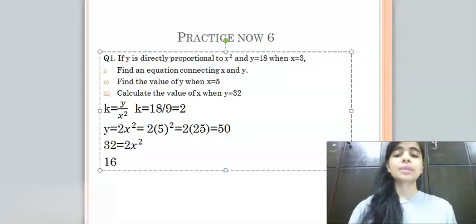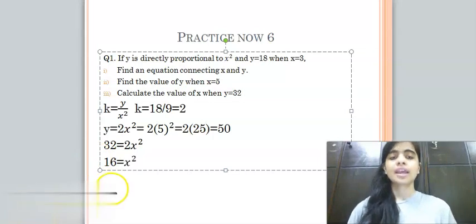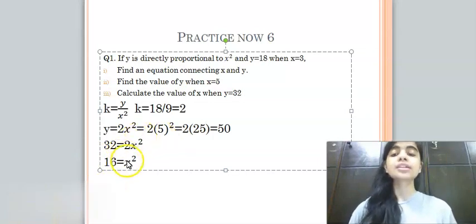So this will be 16 is equal to x square. Now I need to find a certain value of x which is squared and then it gives me 16. So yes, I will introduce an under root on both sides. So under root 16 will give me x is equal to plus 4 and minus 4.